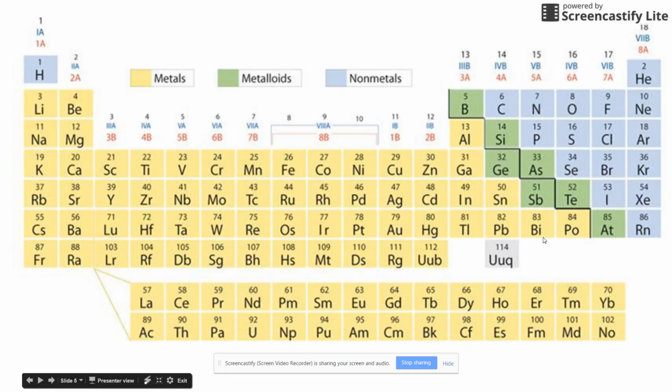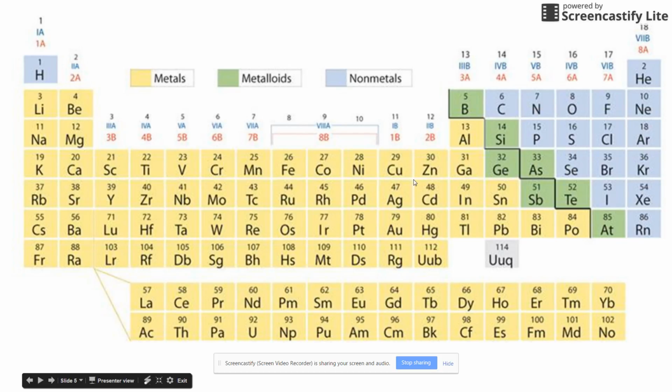How you know how many valence electrons a particular atom has is based upon what type of element it is. If you look here on your periodic table, group 1 elements all have one valence electron. It depends on the grouping. Group 2 elements have 2 valence electrons. Ignore the transition metals for now.